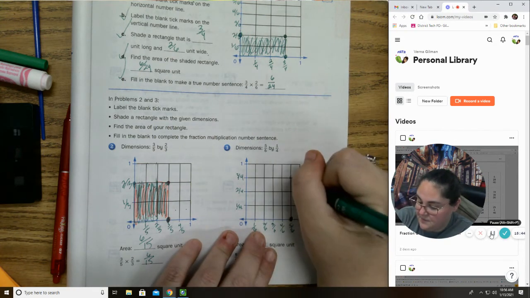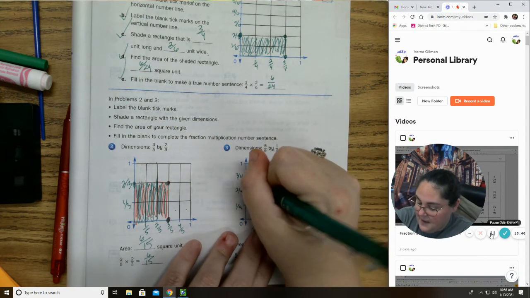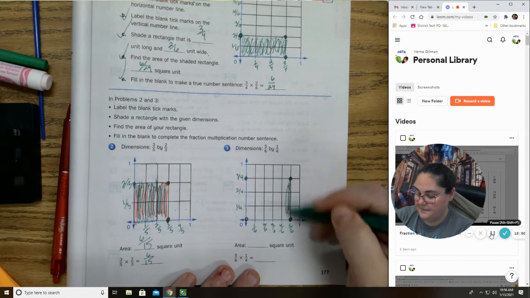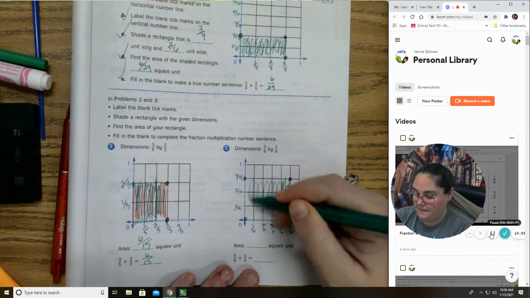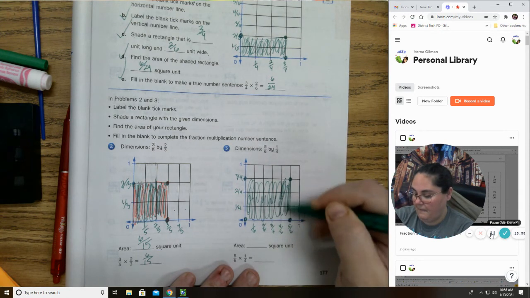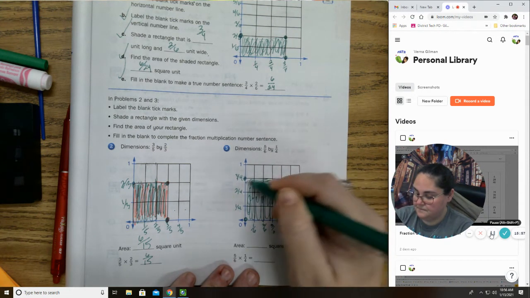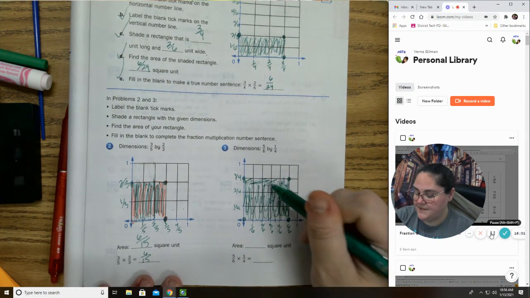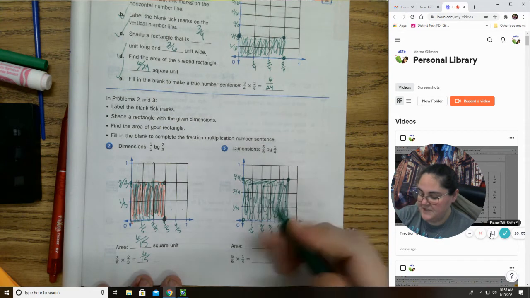Up to 3/4 and put a dot. And there is my rectangle. That's what I need to shade. How many pieces are shaded? 1, 2, 3, 4, 5, 6, 7, 8, 9, 10, 11, 12, 13, 14, 15.